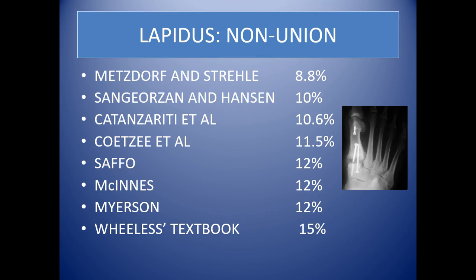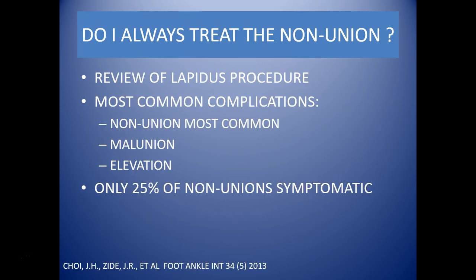As an example, look at non-unions reported after the Lapidus procedure. While we know that as many as 1 in 8 patients following a Lapidus procedure may develop a non-union, we also know that the majority of non-unions following a Lapidus procedure are not symptomatic, or they are minimally symptomatic.